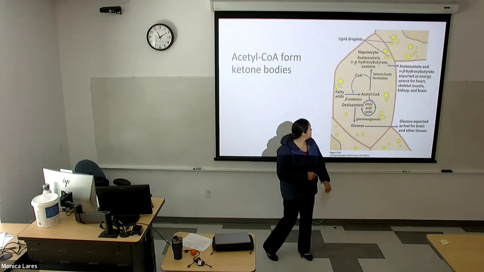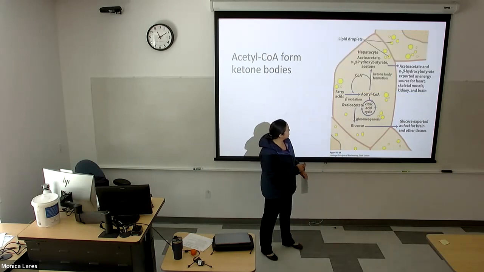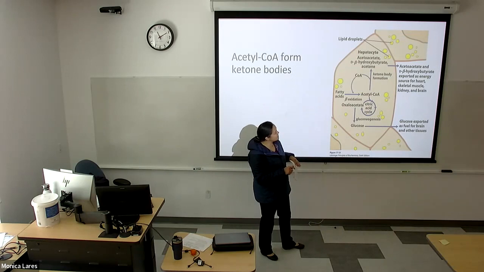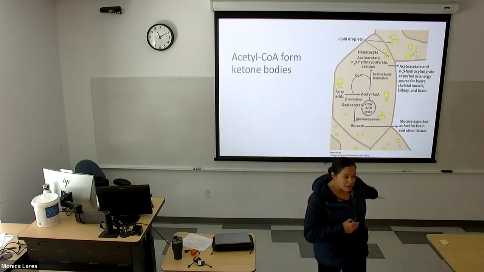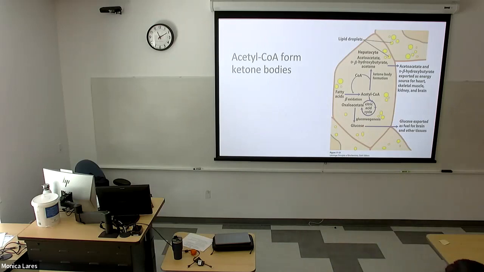So acetyl-CoA goes this way instead. It starts to combine with each other, and it leads to ketone body formation. The ketone bodies are acetoacetate, D-beta-hydroxybutyrate, and acetone. They get exported as energy sources for the heart and muscle, kidney, and brain.